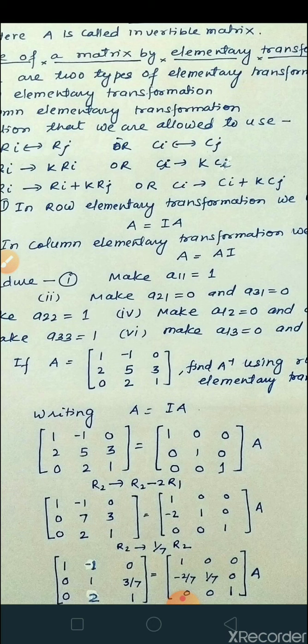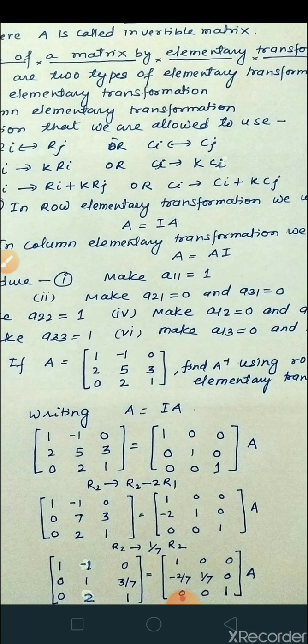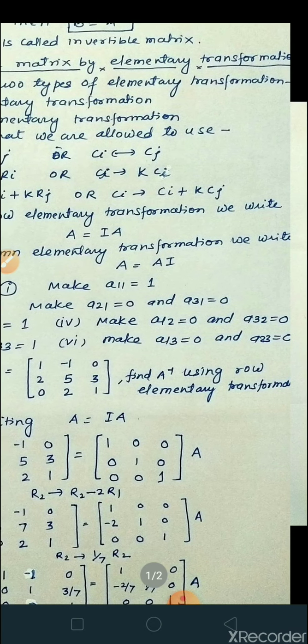Now I told you make A22 equal to 1. Here A22 is equal to 7, and for this we replace R2 by 1 upon 7 R2. So now the matrix becomes [[1, -1, 0], [0, 1, 3/7], [0, 2, 1]]. Now we shall make A12 equal to 0 and A32 equal to 0.